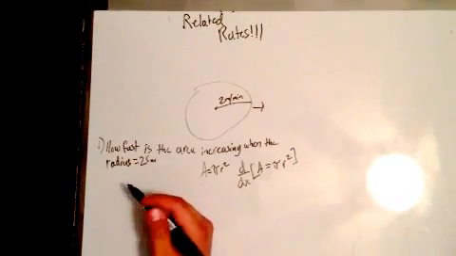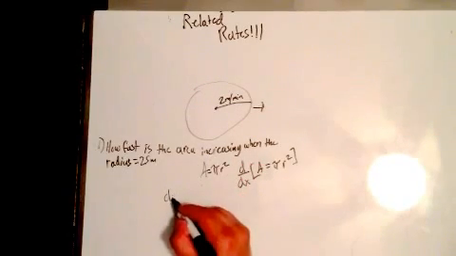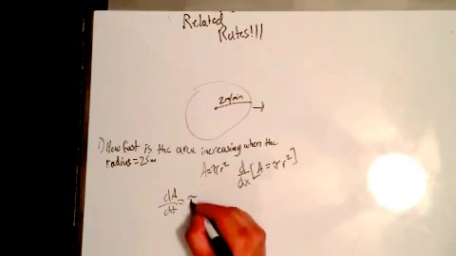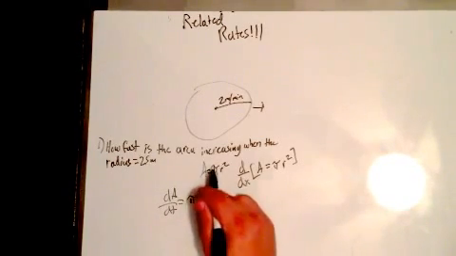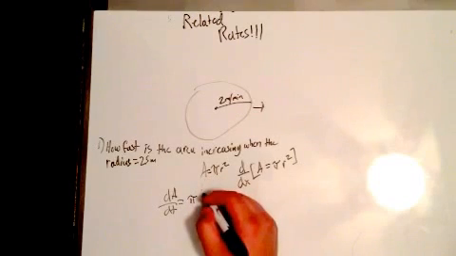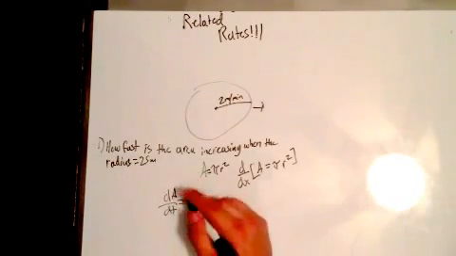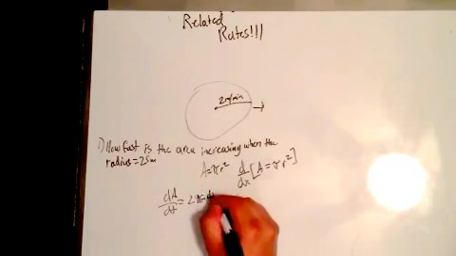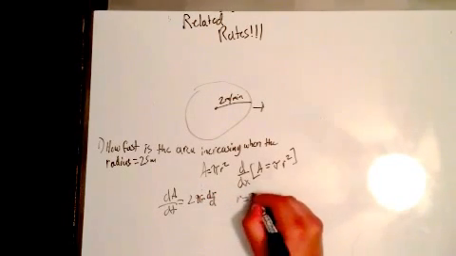So then we're just left with dA/dt is equal to 2 pi r times dr/dt, and r is equal to 25.